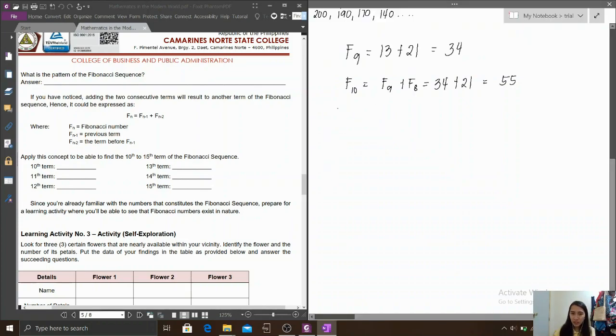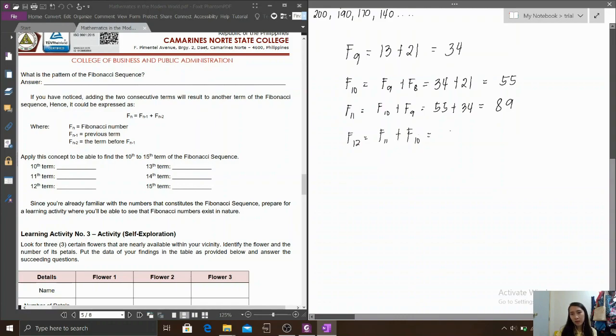So, for the 11th term, we have f sub 10 plus f sub 9. So, this is 55 plus 34. So, this is equal to 89. For f sub 12, or the 12th term, we have f sub 11 plus f sub 10.